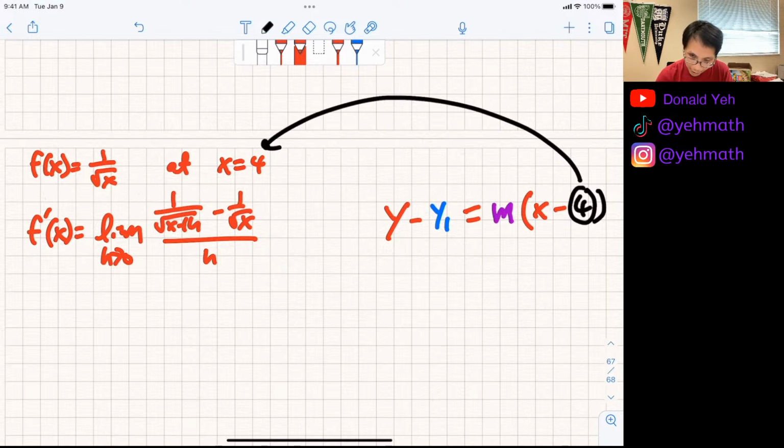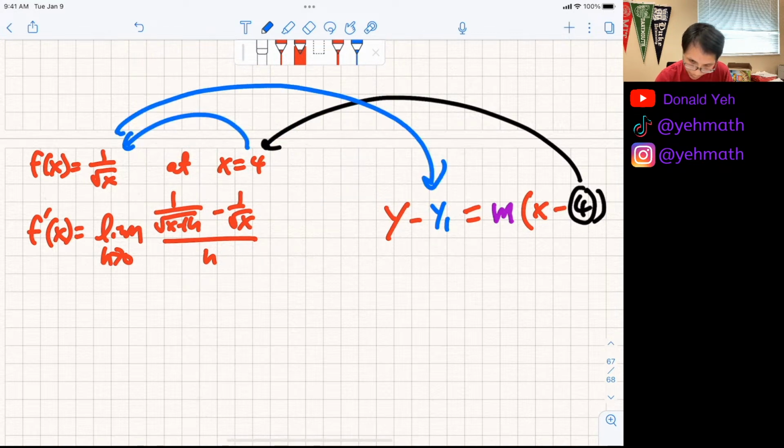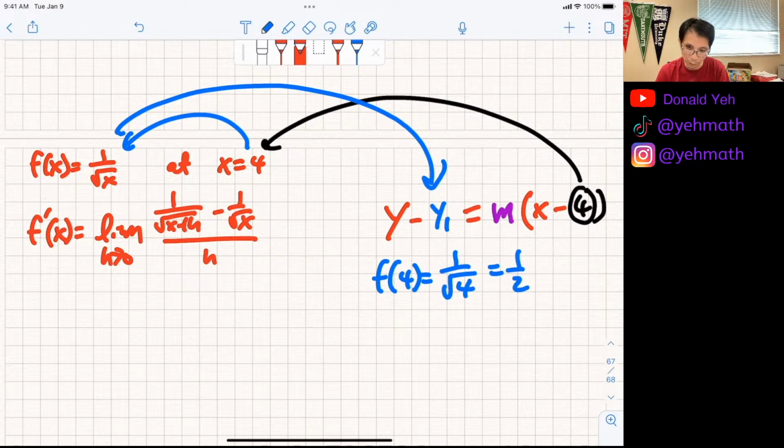The y element is going to plug in 4. So if I plug in 4, this blue part here is coming from plugging into here. I'm going to do that first. f of 4 is equal to 1 over square root of 4, which is equal to 1/2. So far you've got 4 and 1/2.